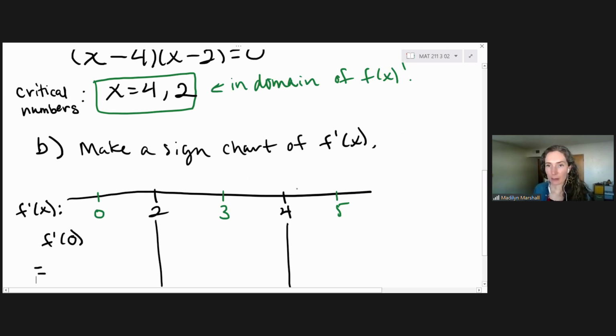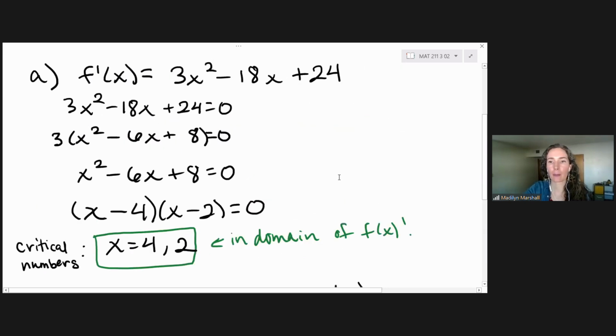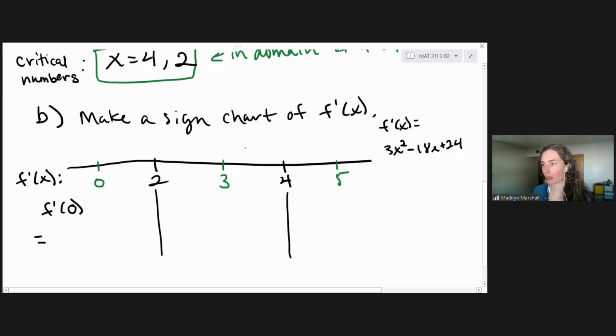So f prime was 3x squared minus 18x plus 24. And you can use the version with the 3 factored out as well.